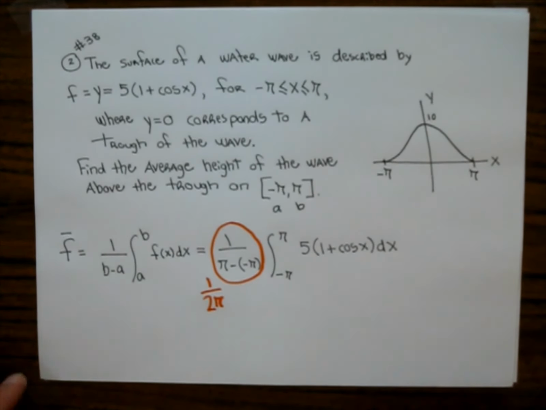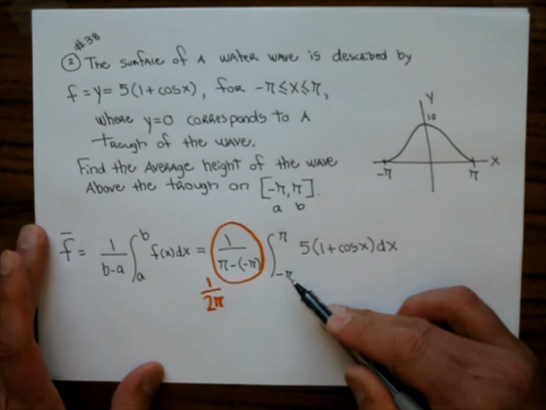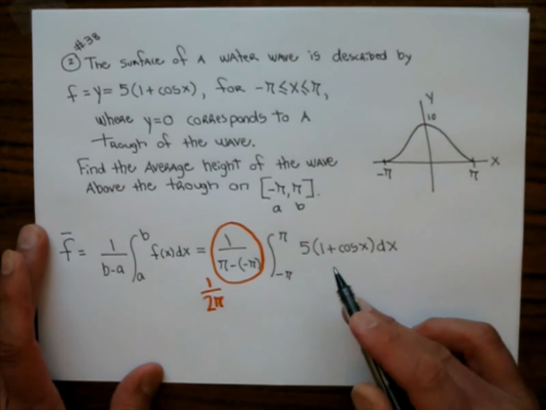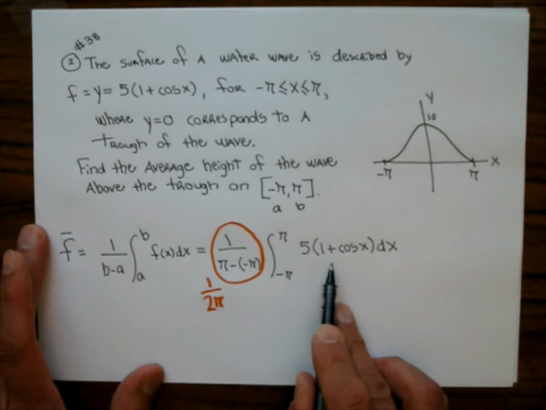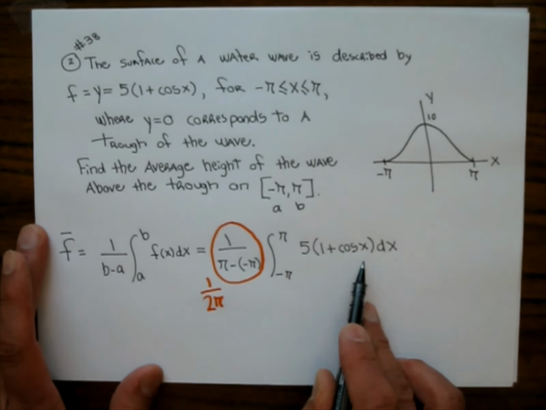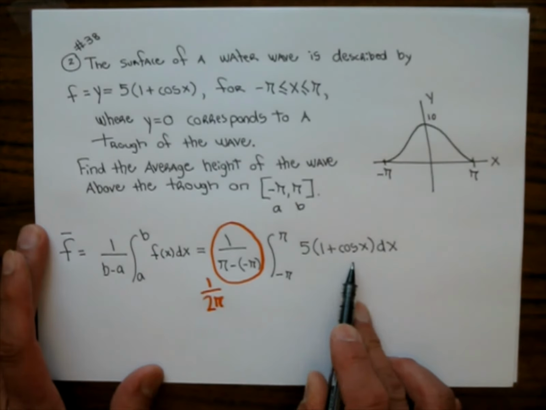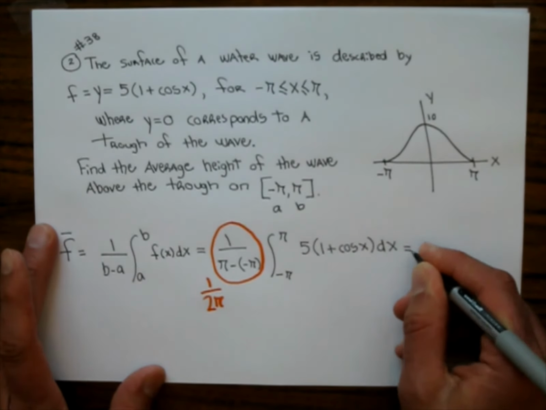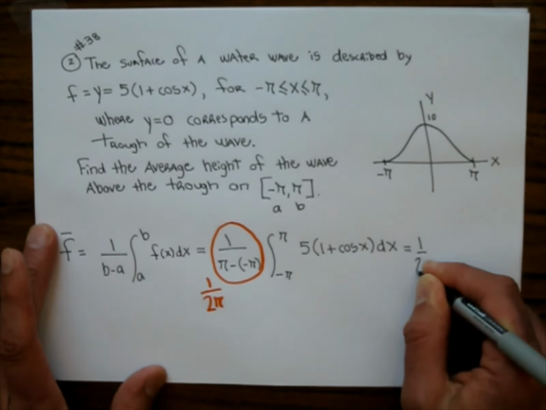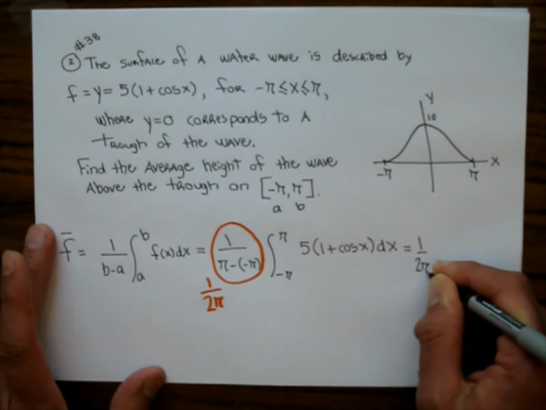The second thing to note is we have opposites there, and this is just the shortcut. This guy right here is an even function. So you don't have to do what I'm about to do. I'm going to say 1 over 2 pi.